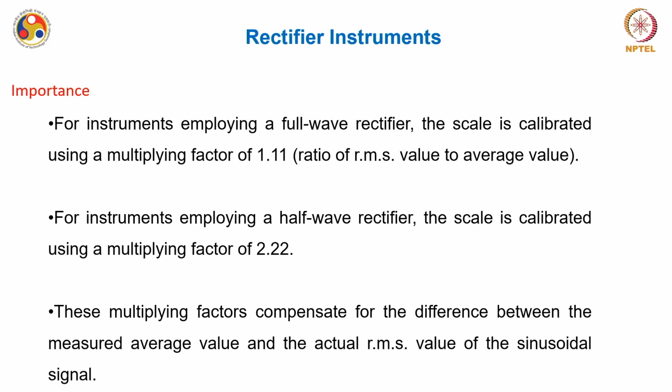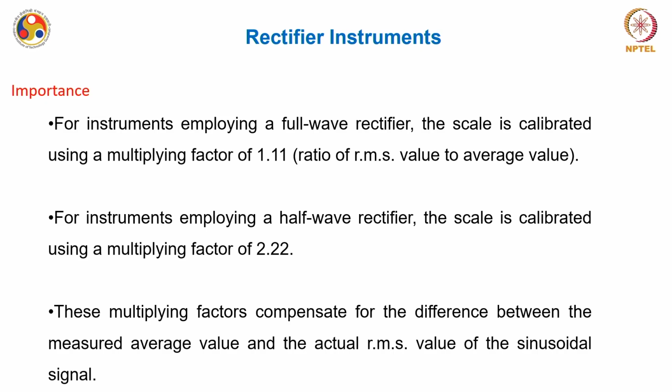For an instrument employing a full wave rectifier, the scale is calibrated using the multiplying factor of 1.11, which was basically the form factor, the ratio of the RMS value to the average value. Similarly, for instruments employing just a half wave rectifier, which is very rare, the scale is calibrated using a multiplying factor of 2.22.